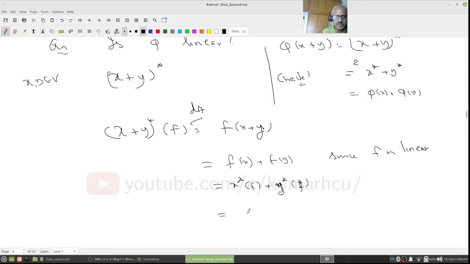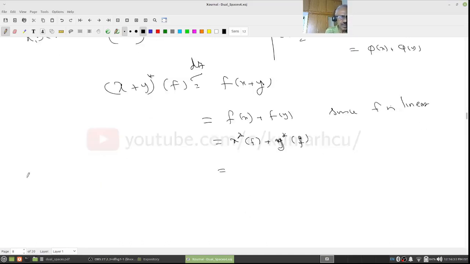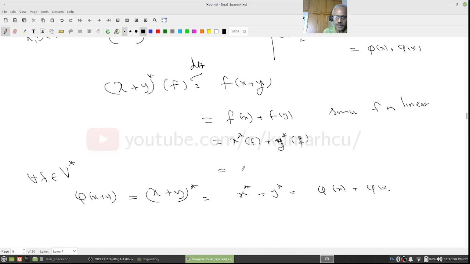Therefore, for every f in V star, we have (x plus y) star, that is phi of x plus y, equal to x star plus y star, which is phi of x plus phi of y. If you want, this is phi of x acting on f plus phi of y acting on f.